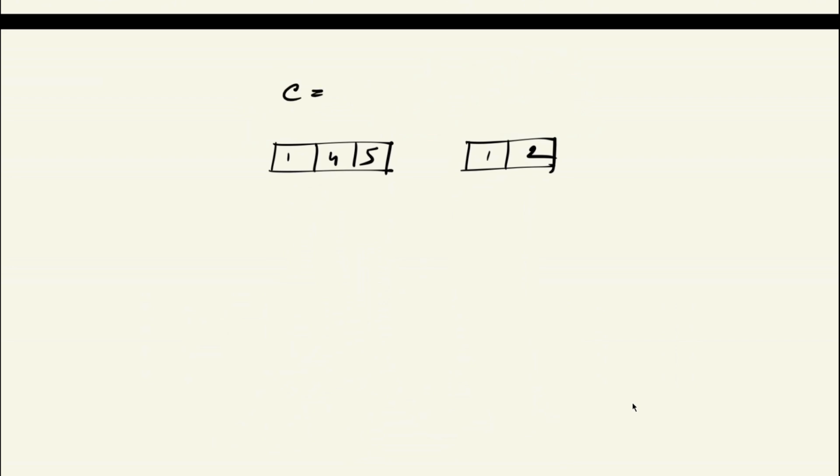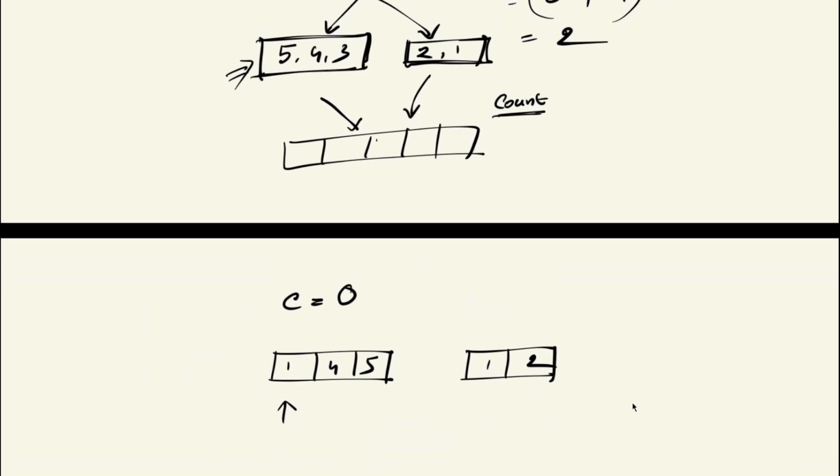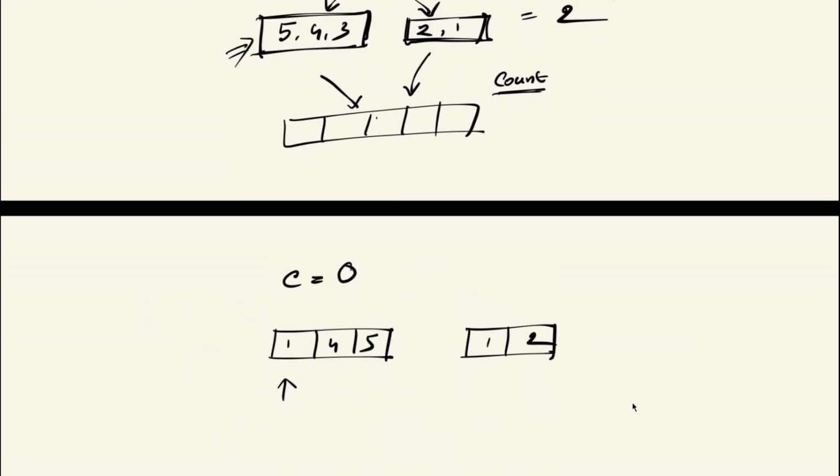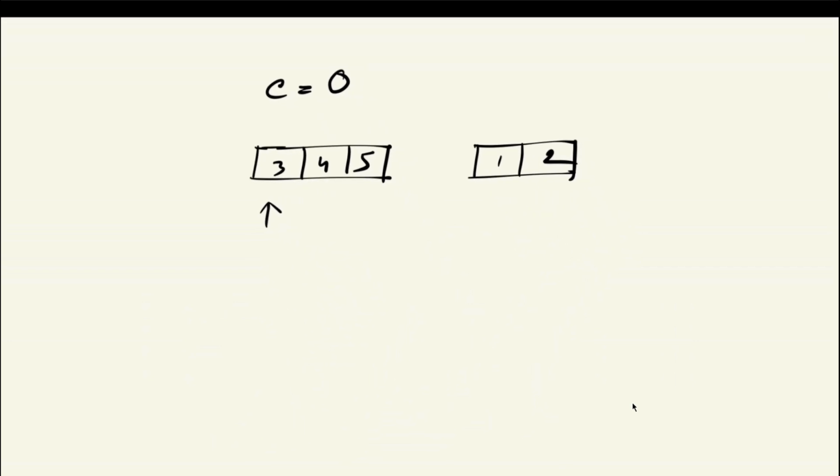Initially our count, let's say 0, and we will use 2 pointers, and we saw a similar approach while doing the merge operation in the merge sort. However, I think I made a mistake here. This is not 1, this is 3. Okay, so yeah, all right.